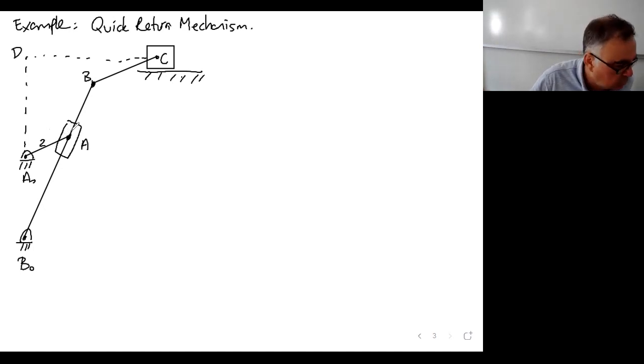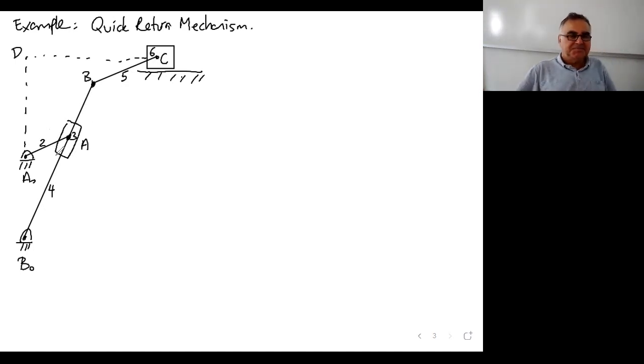This is 2. This slider is 3. This one is 4, B0B. This is 5. And C is link 6. Okay.